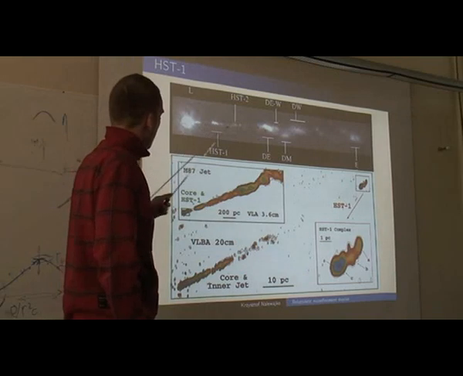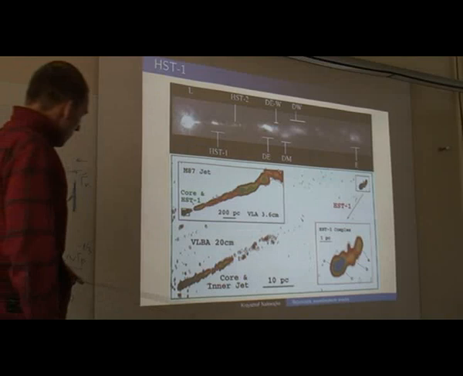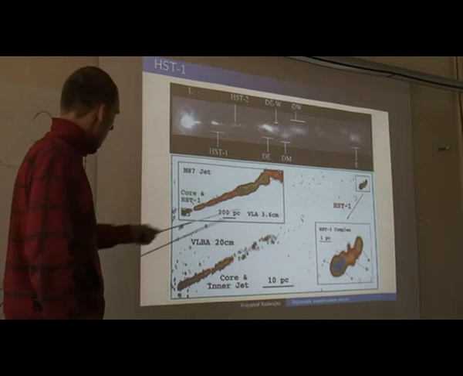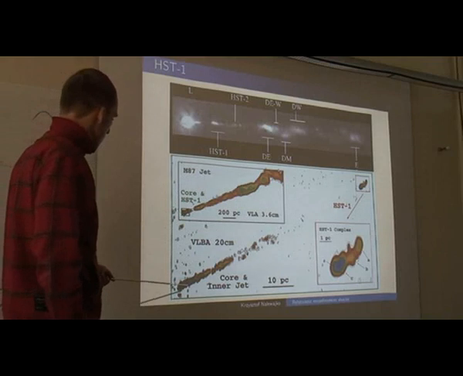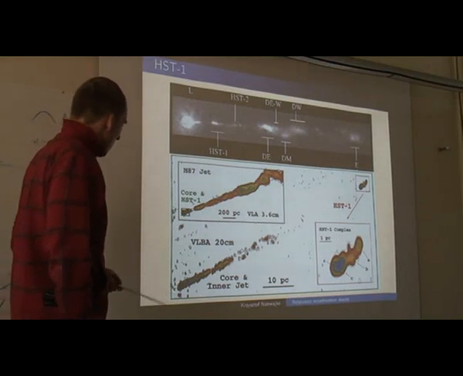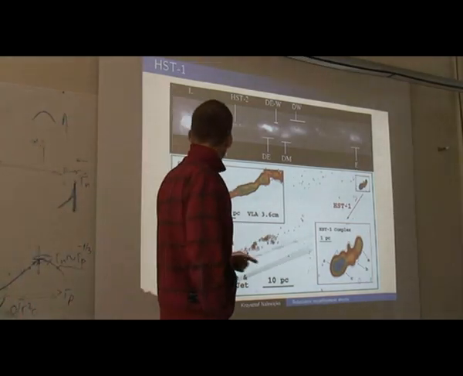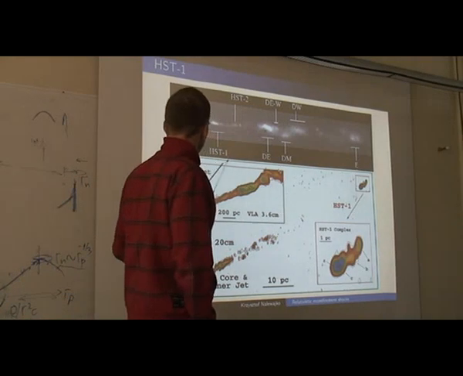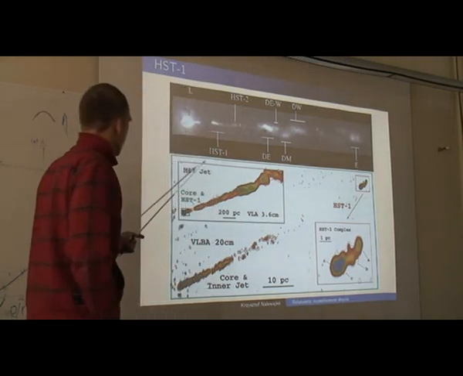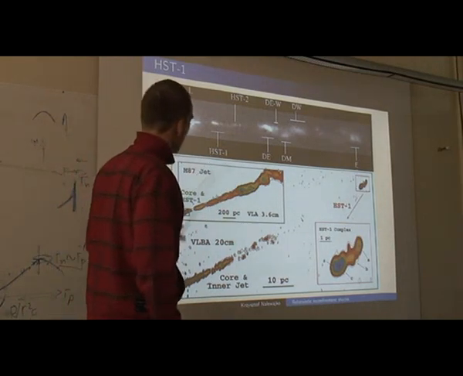It shows a couple of features, and here is a radio image. It is a very broad image of the jet structure, and then using the VLBA observations, we can find this feature, which was labeled after the observations by Hubble. So that's why it says HST1.